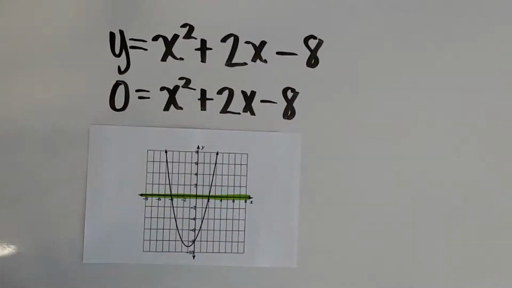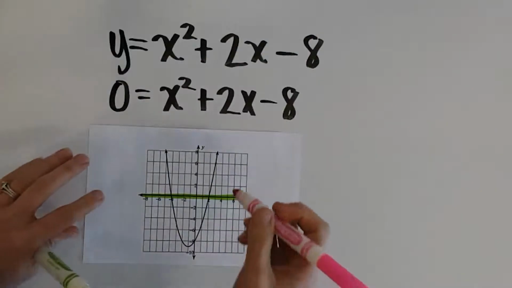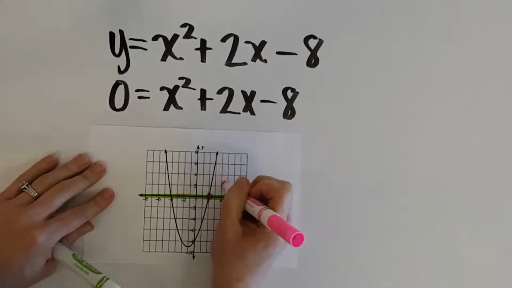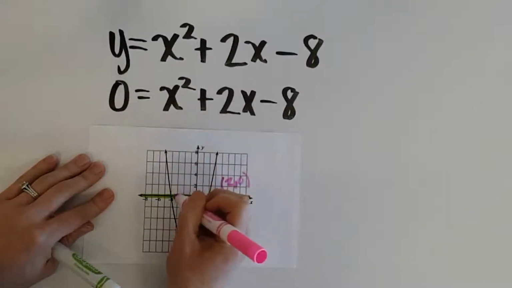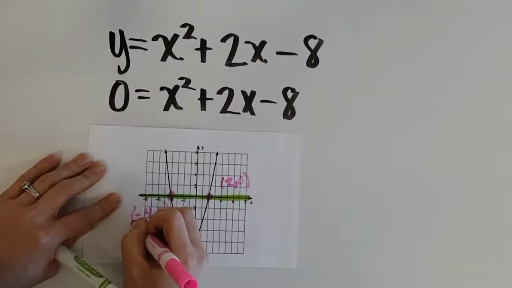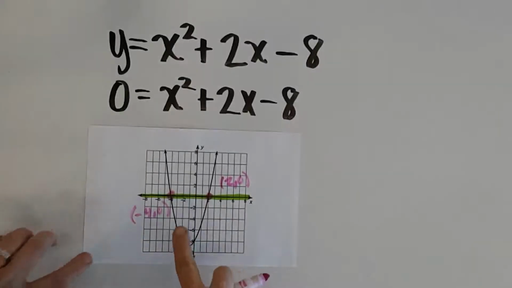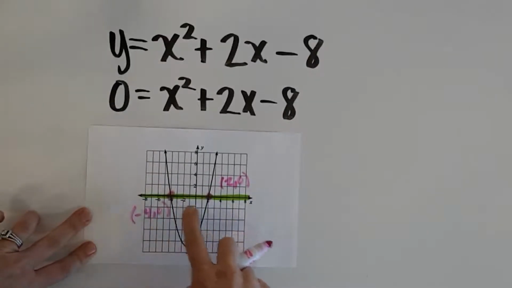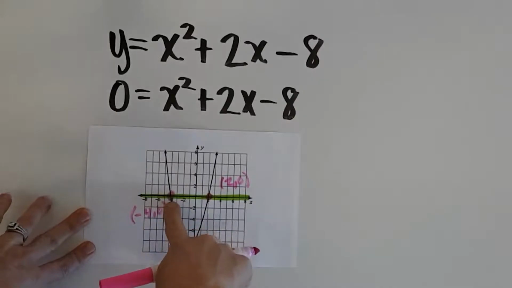Well, if we look at the picture, we can see that our graph crosses the green line at (2, 0), and again at (-4, 0). So according to the graph, y is 0 when x is 2 and when x is -4.